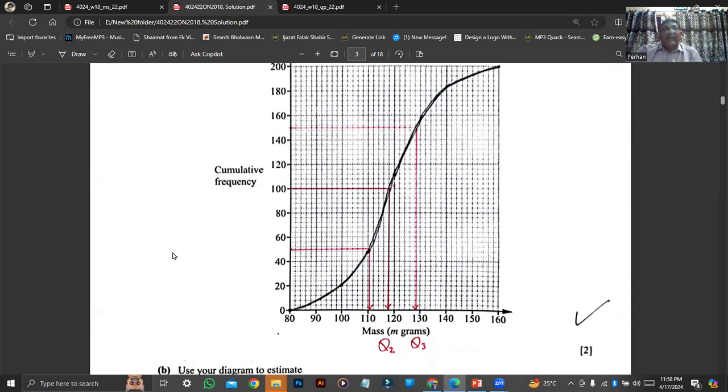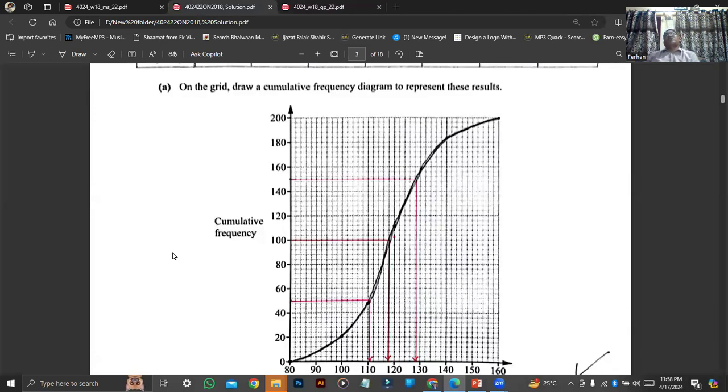So Q3 is 128. Then I will find the first quartile, that is called Q1. The first quartile will be 25% of the total cumulative frequency. So that will be 25% of 200, and that will be 50. On the y-axis, where the cumulative frequency is, I will find 50.